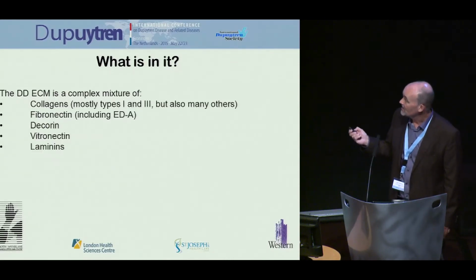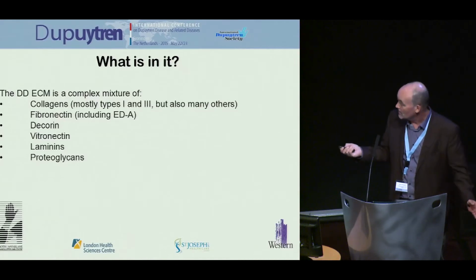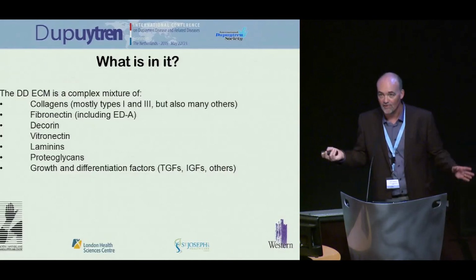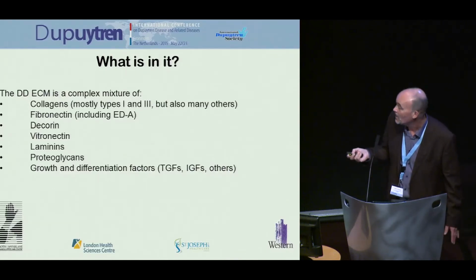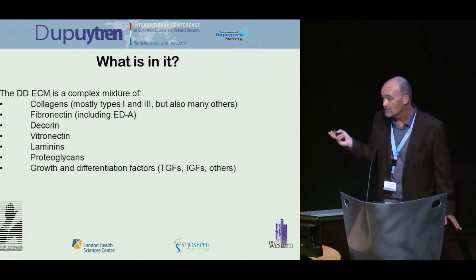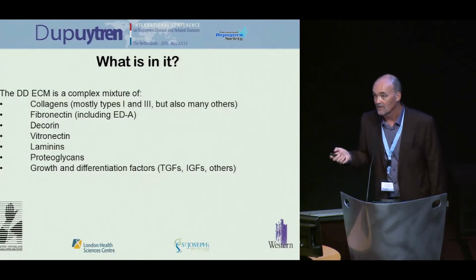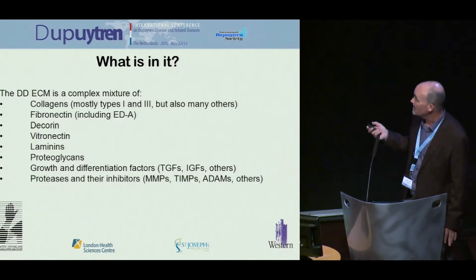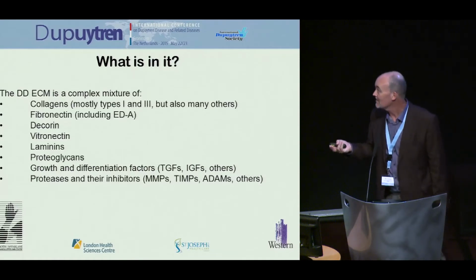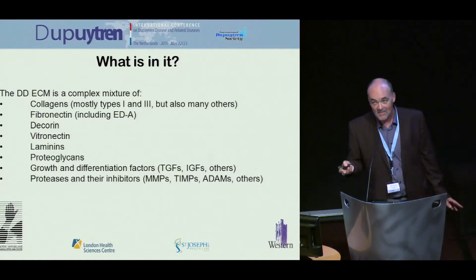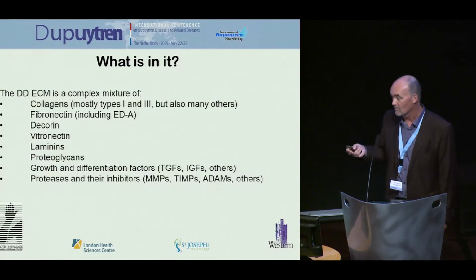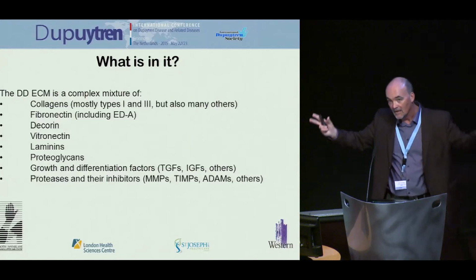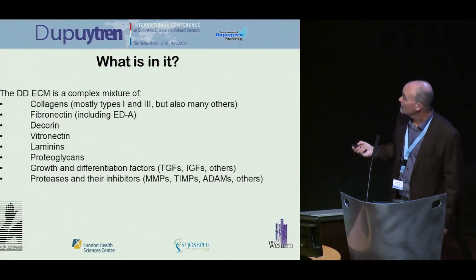Decorin, vitronectin, laminins, proteoglycans, glycosaminoglycans, a whole slew of growth and differentiation factors, transforming growth factor beta being perhaps the most well-known, but also tumour necrosis factor, insulin-like growth factors, specifically IGF-2, and a lot of other molecules. Proteases and their inhibitors: matrix metalloproteases, tissue inhibitors of matrix metalloproteases, a disintegrin and metalloproteases, some with and some without thrombospondin repeats. A whole bunch of these various proteases are all embedded in the matrix around these cells.